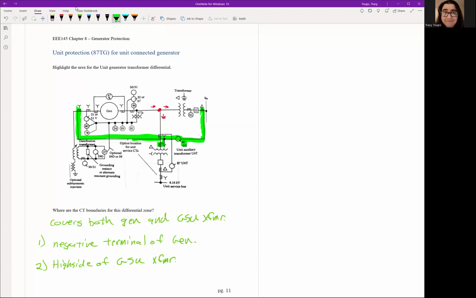So you can see here, this is kind of unique. This is a 3-terminal differential zone. So there's 3 lines coming out, not just 2, which is what you've seen before. So again, let's wrap a third CT right here. This is going to be on the 13.8 kV side of the unit auxiliary transformer, UAT.